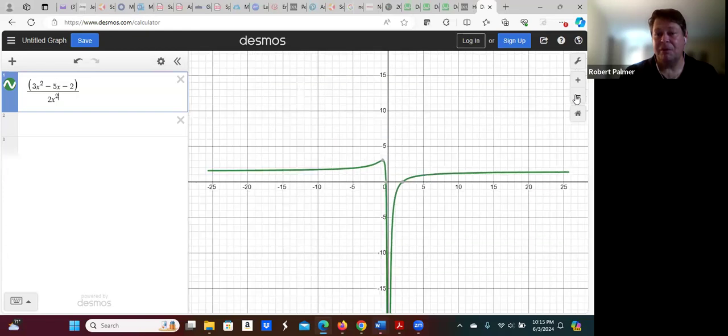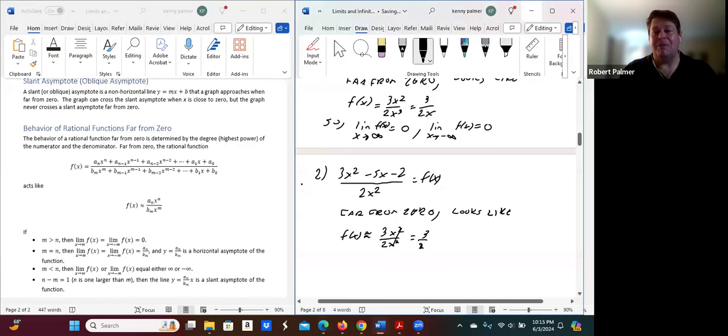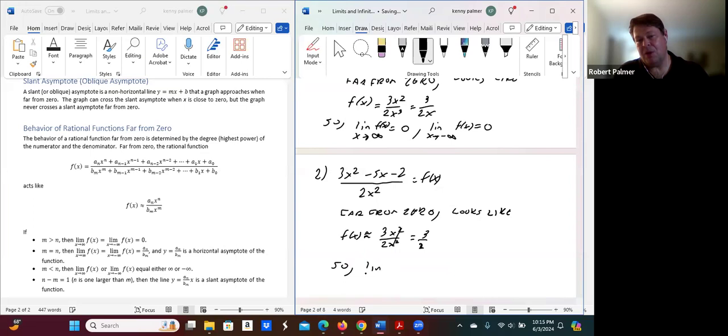So far from 0, there are 3 halves, about 1.5. And so, as we go further and further out in x, we're getting closer and closer to 1.5. As we go further from 0 in the negative direction, we're also approaching from above, getting closer and closer to 1.5. Okay, so the limit as x goes to infinity of f of x is just going to be 3 halves.